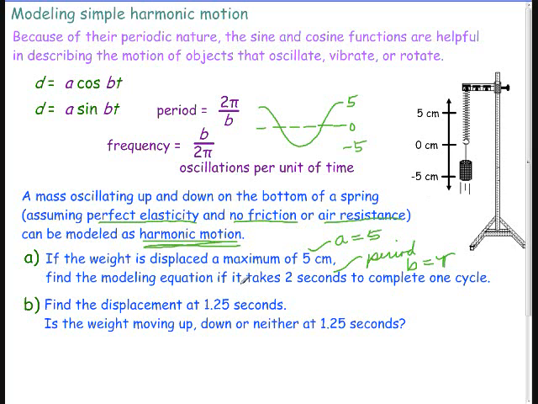What about D, our central axis? That's actually 0, isn't it? D equals 0. What's the other thing we have to think about? Whether or not we've got a phase shift. And the way we're defining it here, starting at 5, there's no phase shift. So C is equal to 0.